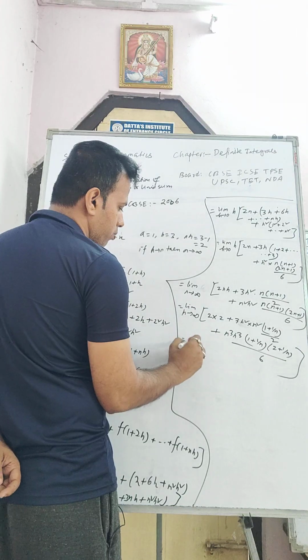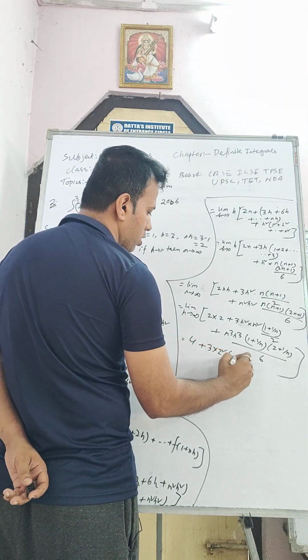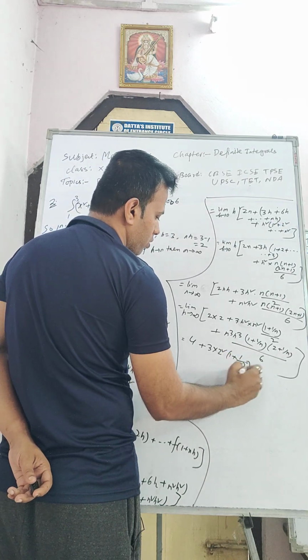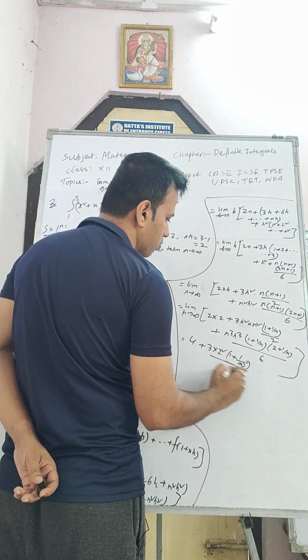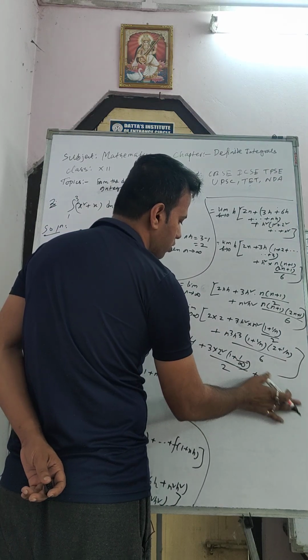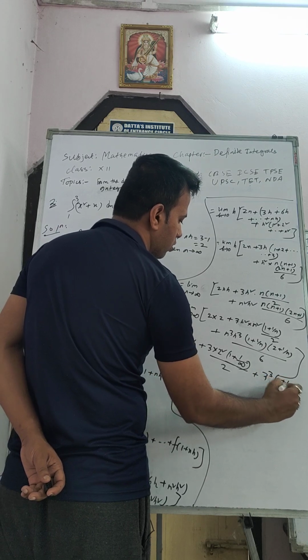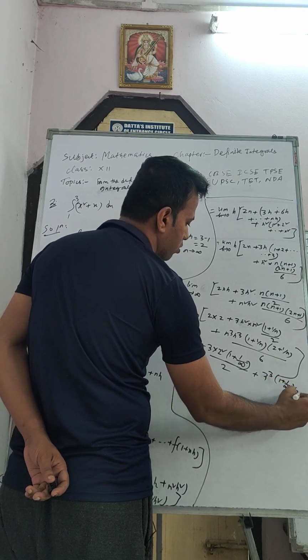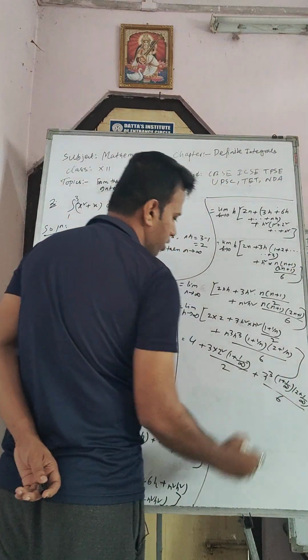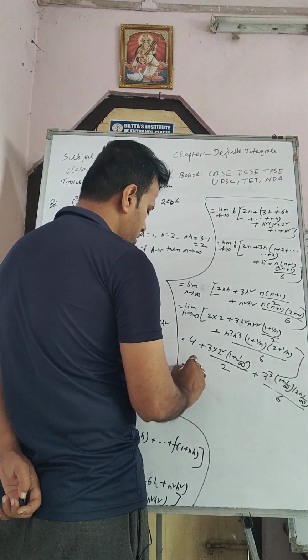So it will become 4 plus 3 into 2 square into 1 plus 1 by infinity by 2, plus 2 cube into 1 plus 1 by infinity into 2 plus 1 by infinity by 6. Okay, fine. Now we can simplify this one.